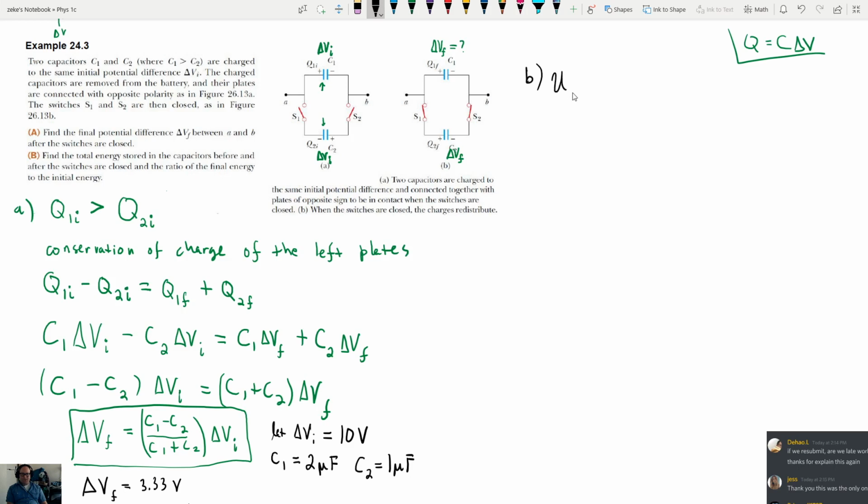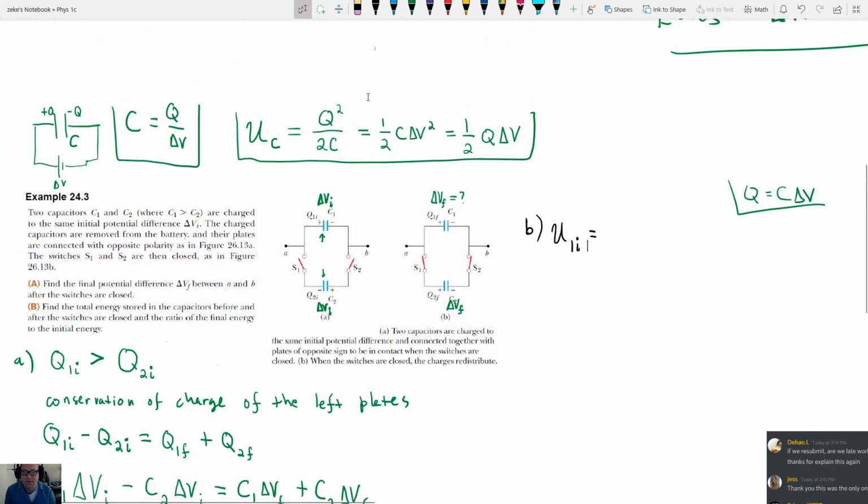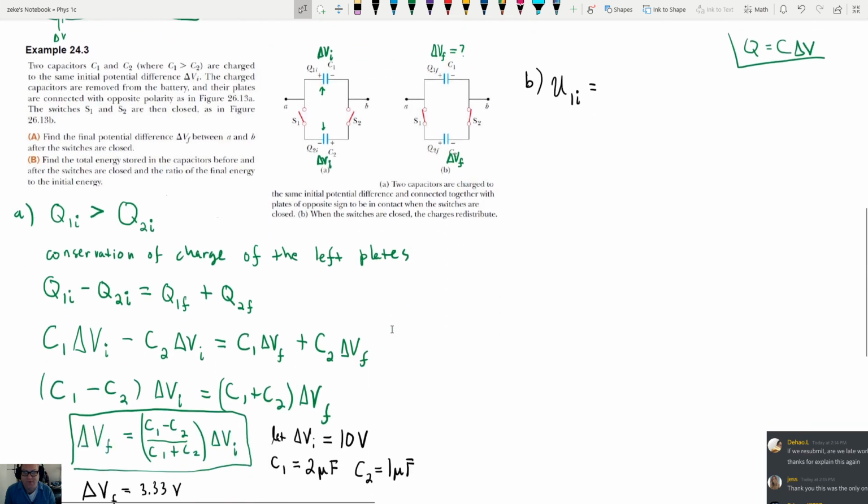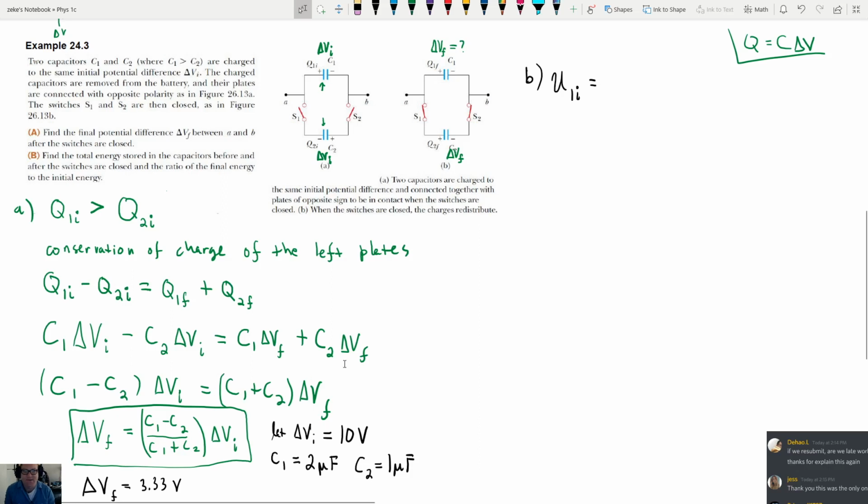I think we want to use the 1/2 CV squared method for this one, because we already have a lot of information about delta V and C.